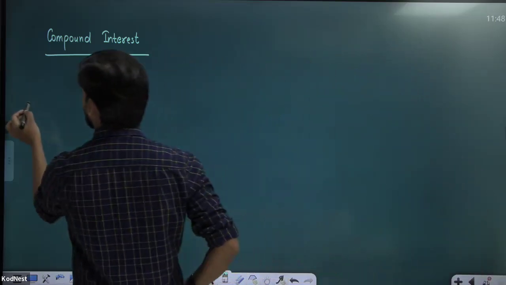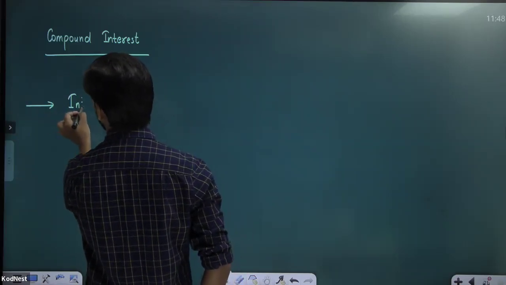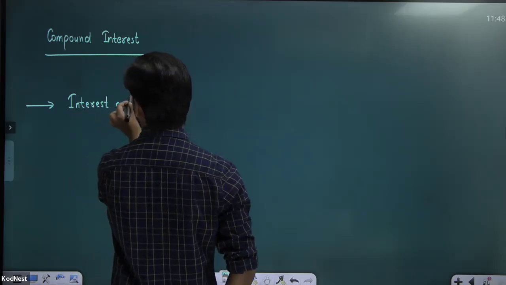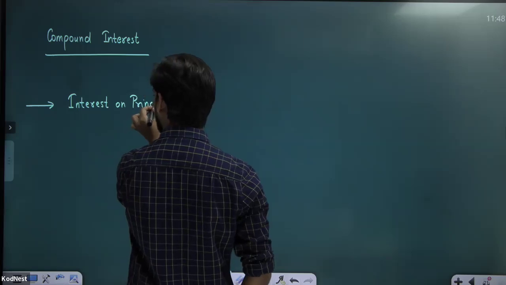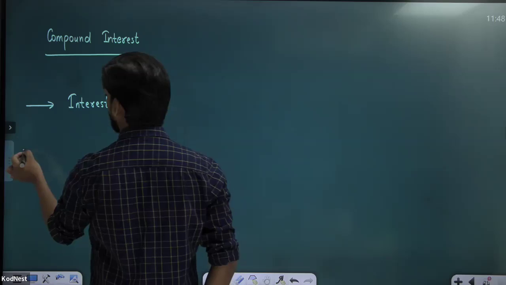So, in simple terms, in compound interest, you will get interest on principal. This you will get anywhere. Any scheme, you will get interest on principal.